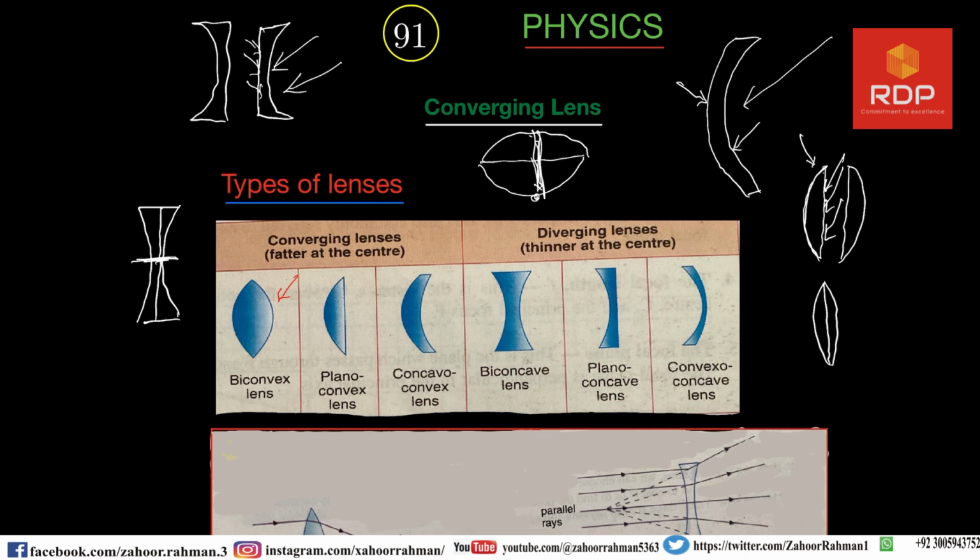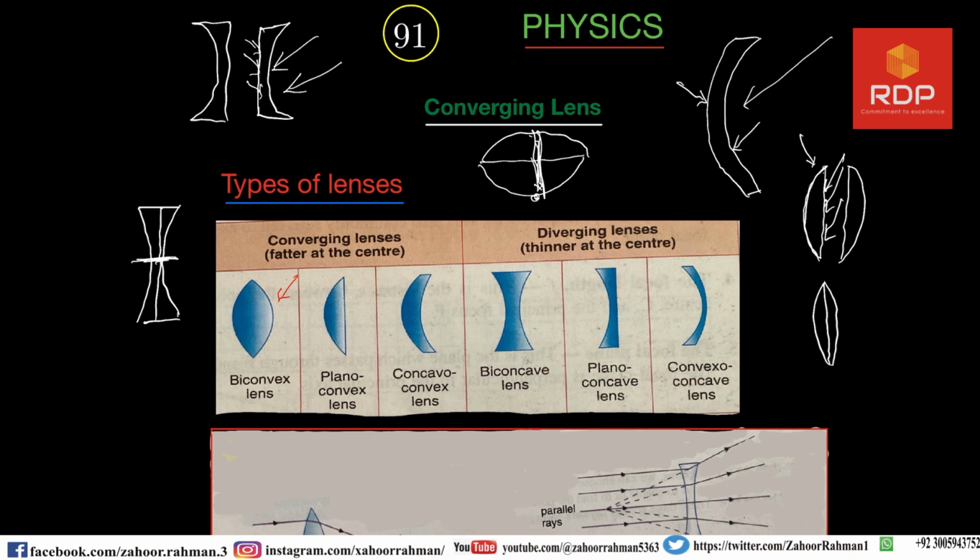So keep this in mind. This unit is particularly dealing with the converging lens, not the concave lens. I just give you the information that there is a concave lens as well, but that is not the topic of our interest. So we will focus on the convex lens, which is also known as the converging lens.